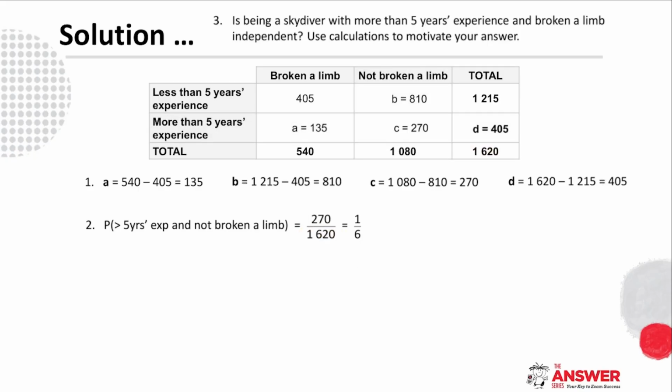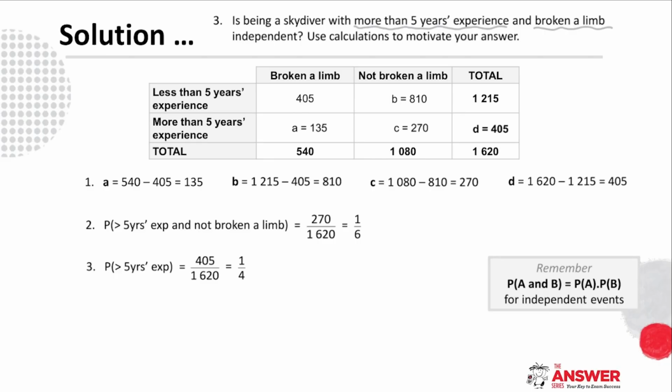Question 3 is asking about whether these events are independent, which means we need to use the rule for independent events. And so first we find the individual probabilities. First, the probability of more than 5 years' experience, which is 405 over 1,620, and this simplifies to a quarter. And the probability of a broken limb is 540 over 1,620, and this simplifies to a third.